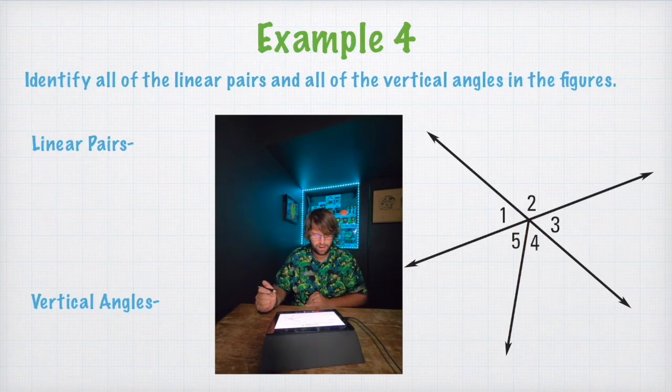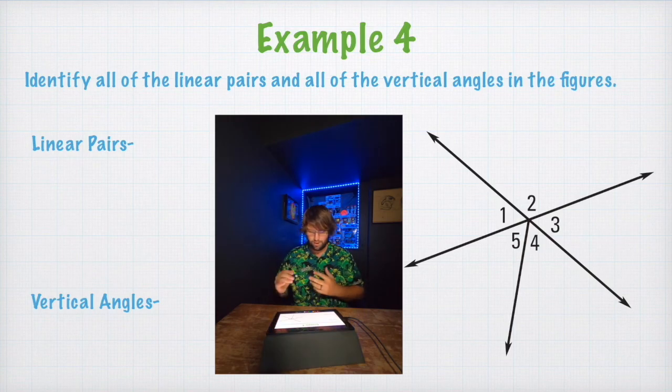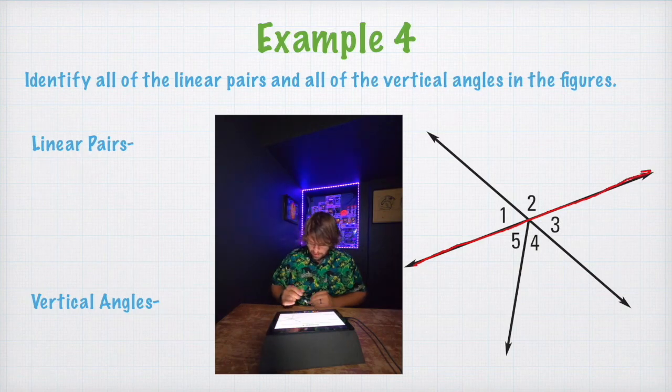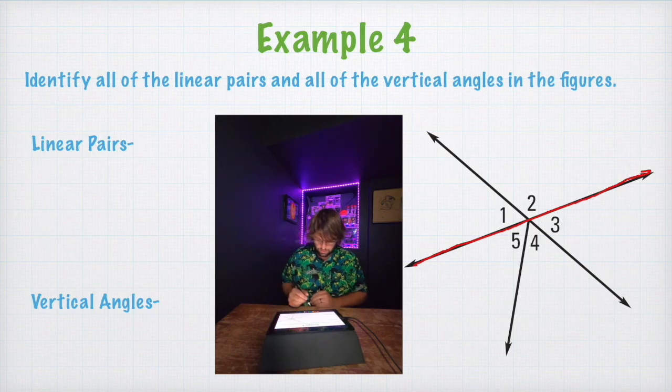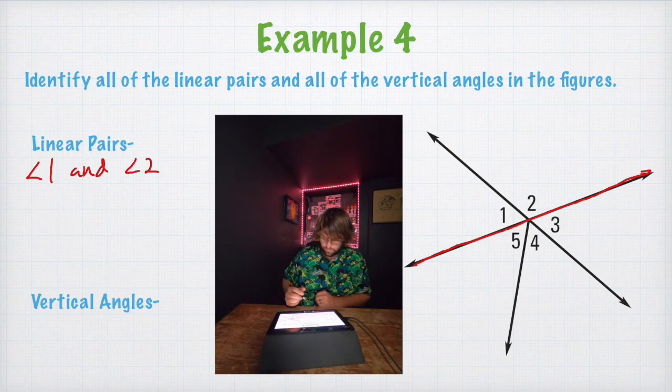Example 4. Identify all the linear pairs and all of the vertical angles in the figure. So what you have to do is just look for our straight lines, okay? So right here, we have a line that cuts perfectly straight through. And the two angles that make that up are going to be angle 1 and angle 2. So one of the linear pairs is going to be angle 1 and angle 2.